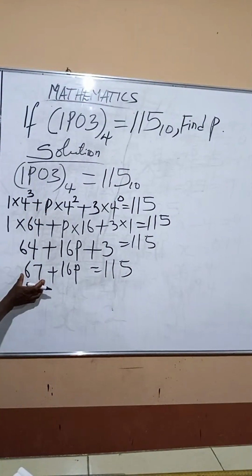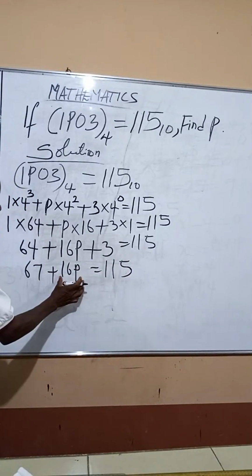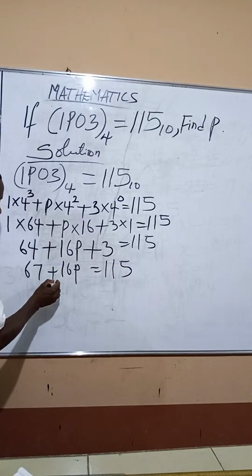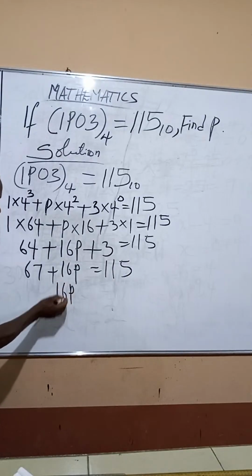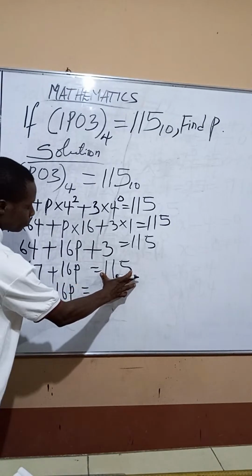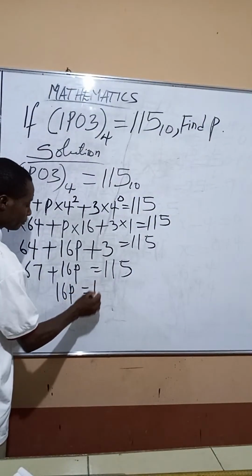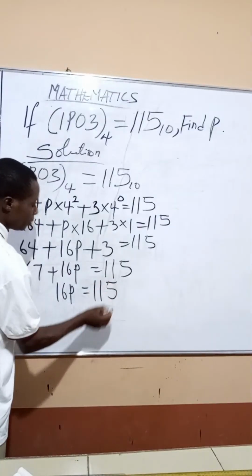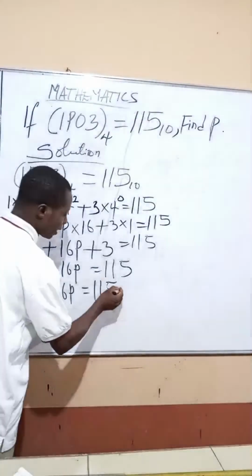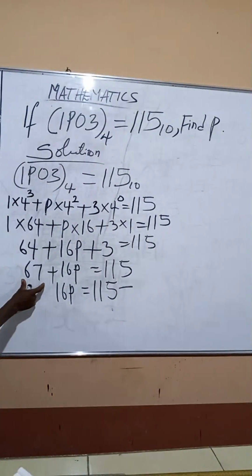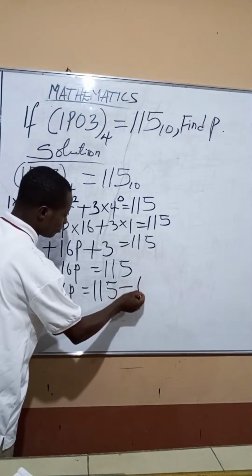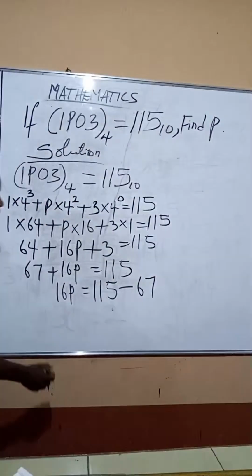So take 67 to the right-hand side. That leaves us with 16p. So we are now left with 16p equals 115 minus 67.